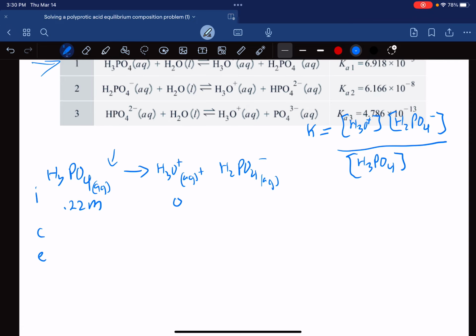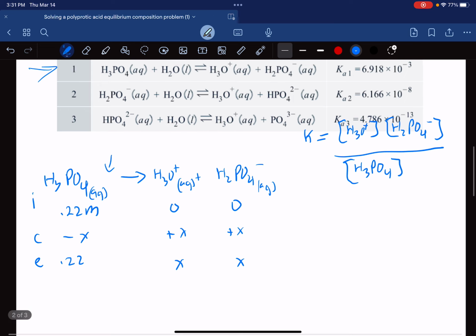I'm going to start off with 0 and 0 here, which means that the only way our reaction can go is this way, which means that we're going to be subtracting from this side and adding over on this side. When we set it up, we're going to go minus x here, plus x, and plus x, and we'd end up with 0.22 molar. Again, we don't write the M in here because it doesn't really cancel out very well. And then we have x and we have x.